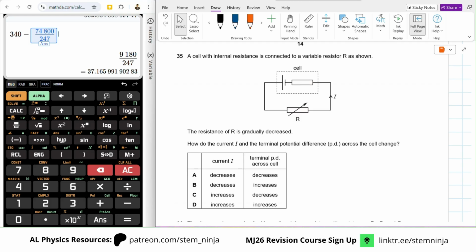A cell with internal resistance is connected to a variable resistor R as shown. The resistance of R is gradually decreased. How do current and terminal potential difference across the cell change? So terminal potential difference, terminal PD, is actually equal to the EMF minus lost volts, so IR.